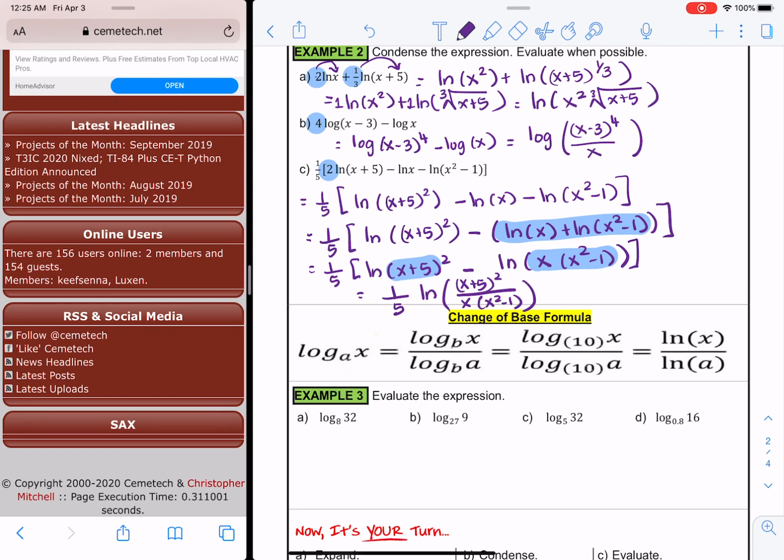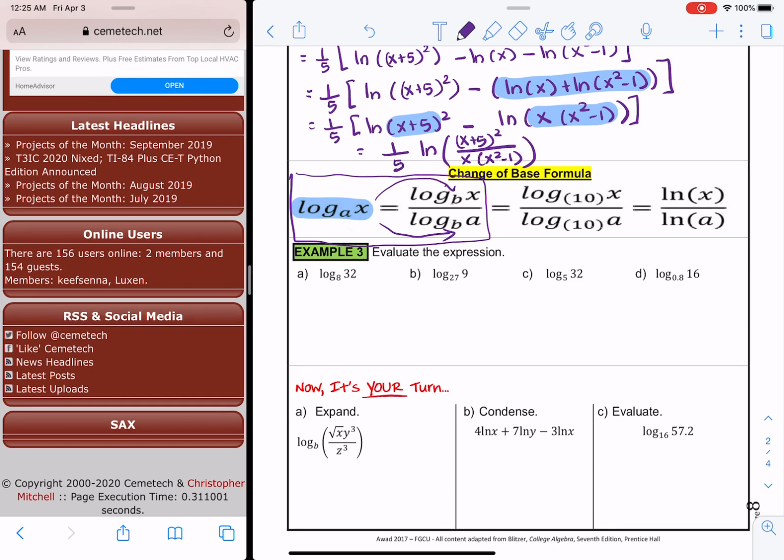Now, if we go back in reverse, log base a of x can be written in terms of any base, which is b here, and it's simply log base b of x divided by log base b of a. So the key thing to note is this part. And simply change this to any base, and I'm going to show you how this can be done in an easy way.